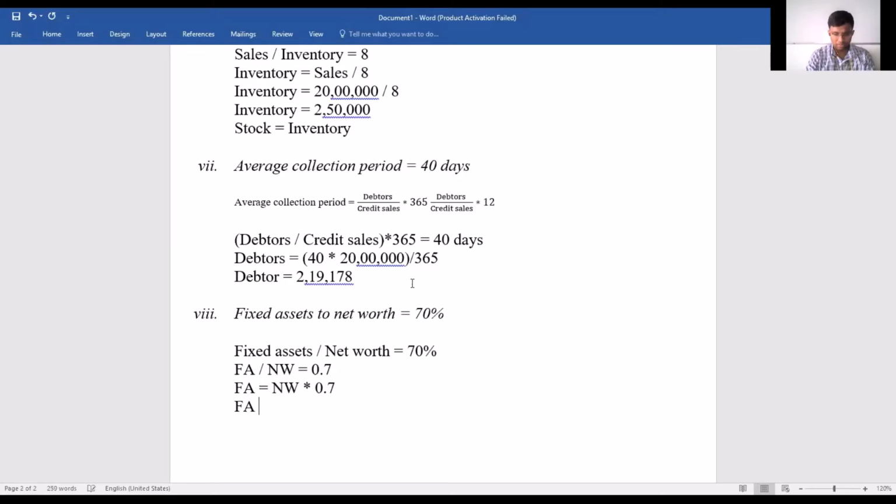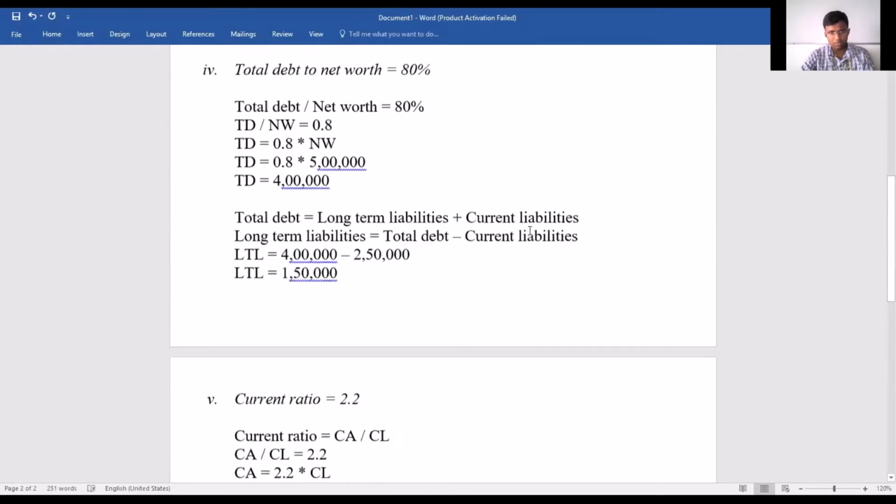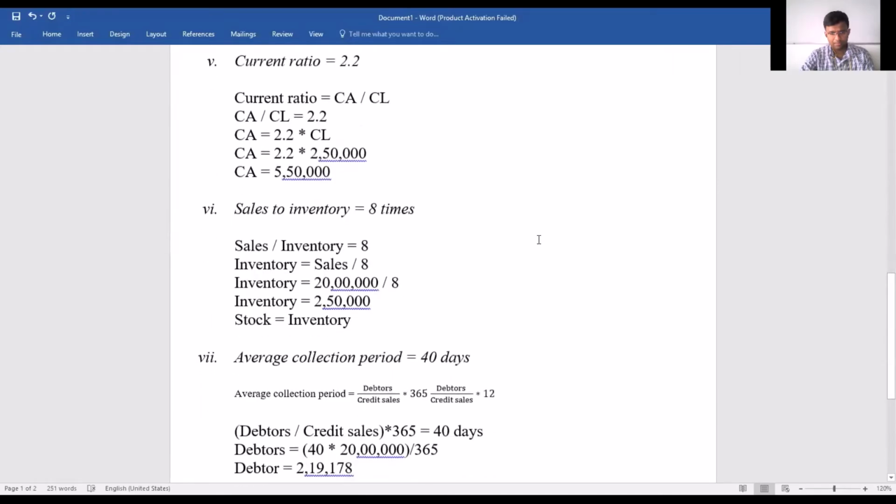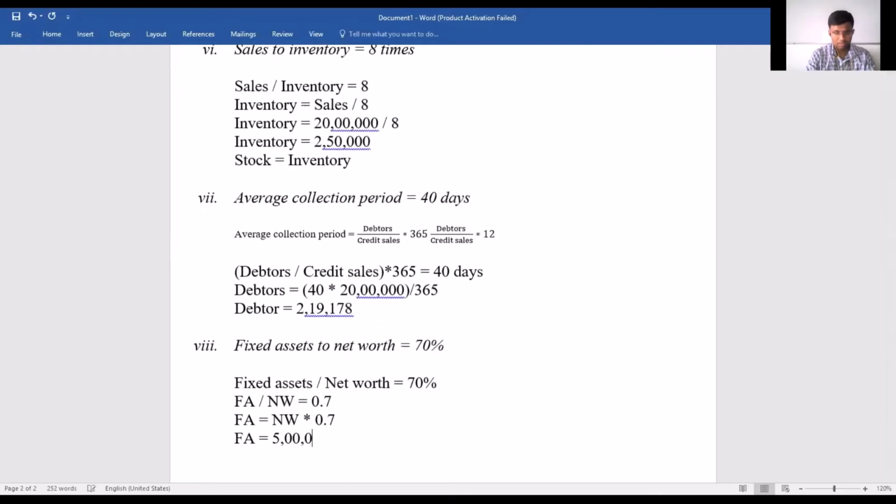We already know the value of net worth. Net worth is 5 lakh. So 5 lakh into 0.7 works out to be 3,50,000. So fixed assets works out to be 3,50,000. This is another item for your balance sheet entry.